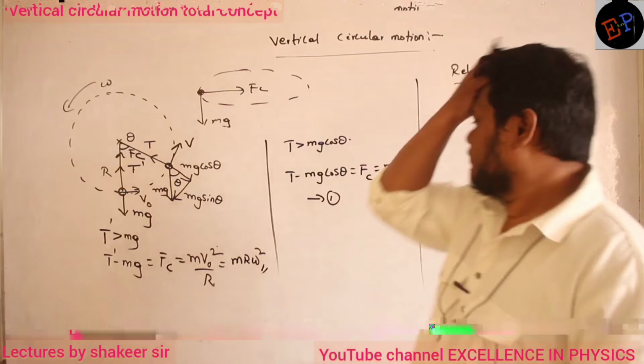Okay, so let us study case number 2. My case number 2 is if the initial velocity is root 4gl. It means with an initial velocity of root 4gl I am throwing this. Case number 2.